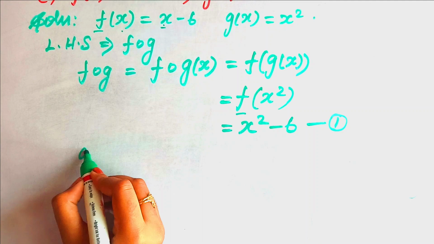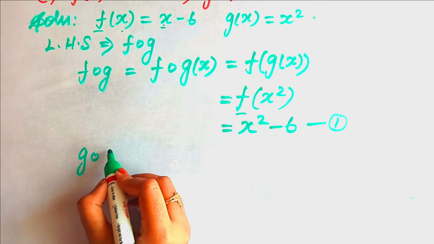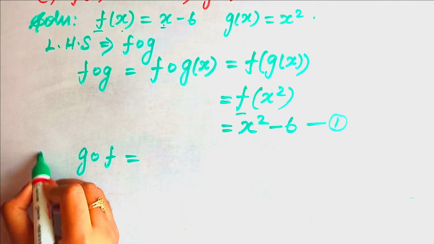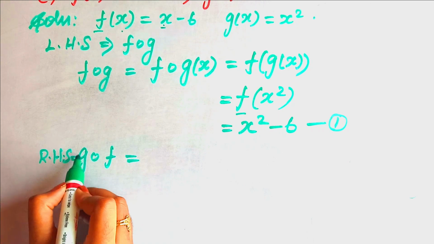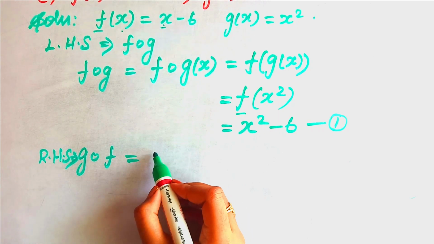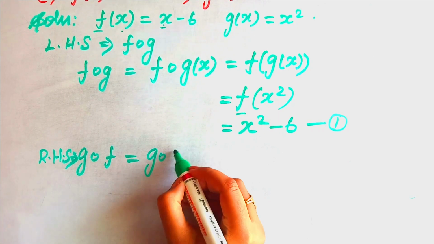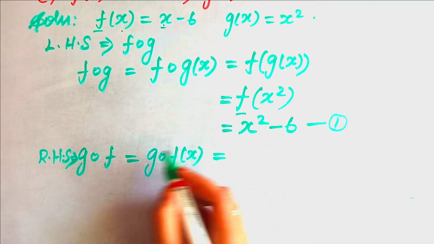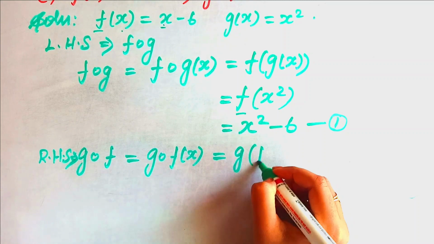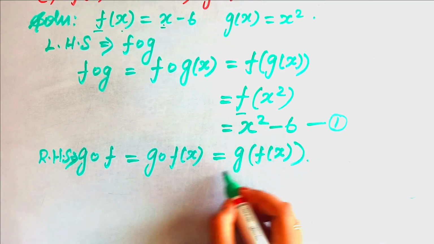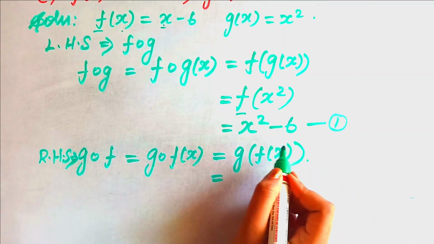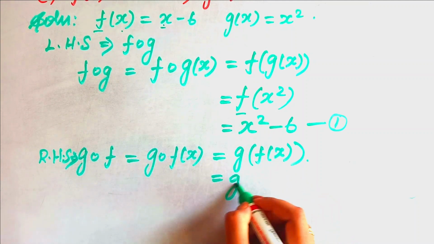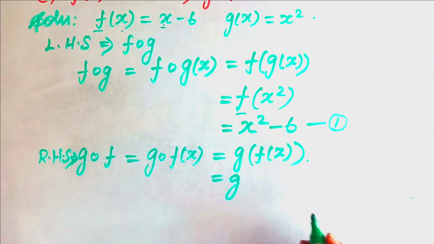Now next we have to find g∘f, which is our RHS. Okay, g∘f. By definition we get (g∘f)(x), and again by definition we get g(f(x)) here. Now we have to substitute the value of f(x), which is x − 6, right?